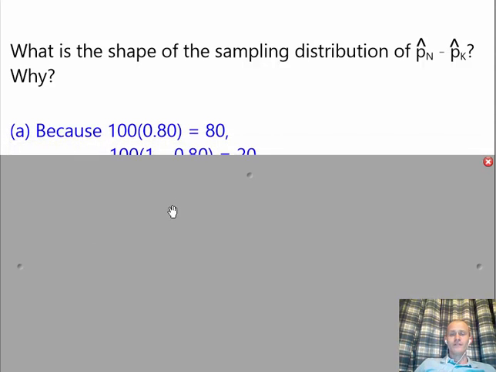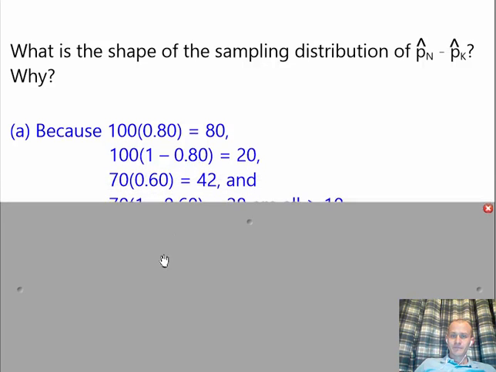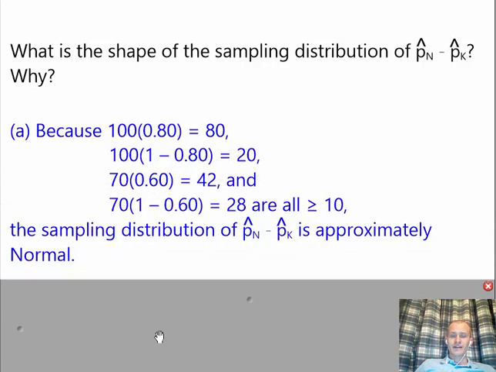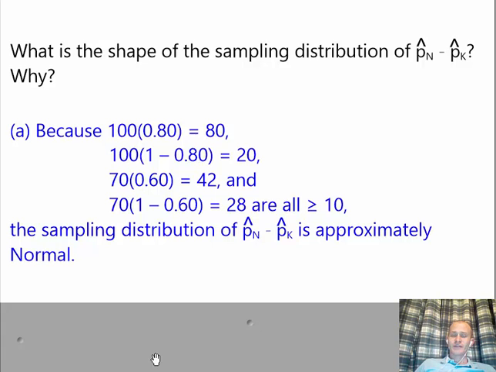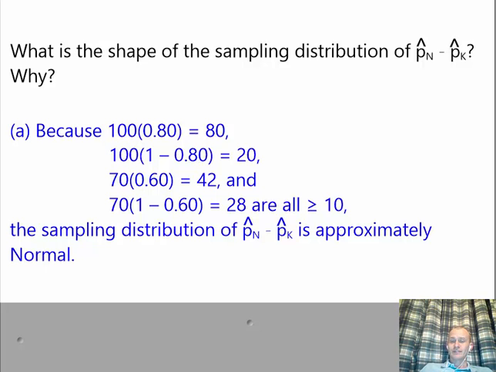So numerically, we can find the shape of the sampling distribution by looking at all of those sample proportions times the sample size, p times n. So we have 80% times 100 and 1 minus that times 100 as well. We have 60% and 1 minus that times 70 for each of those. All four of those values are greater than 10.